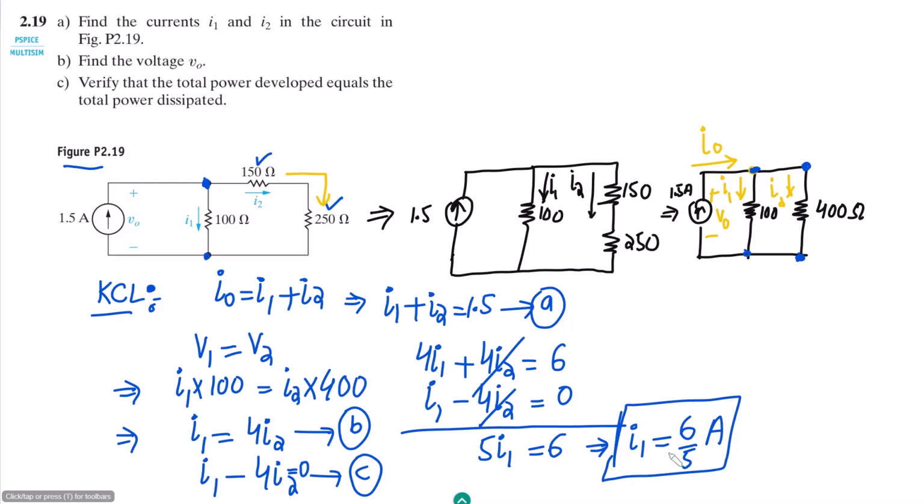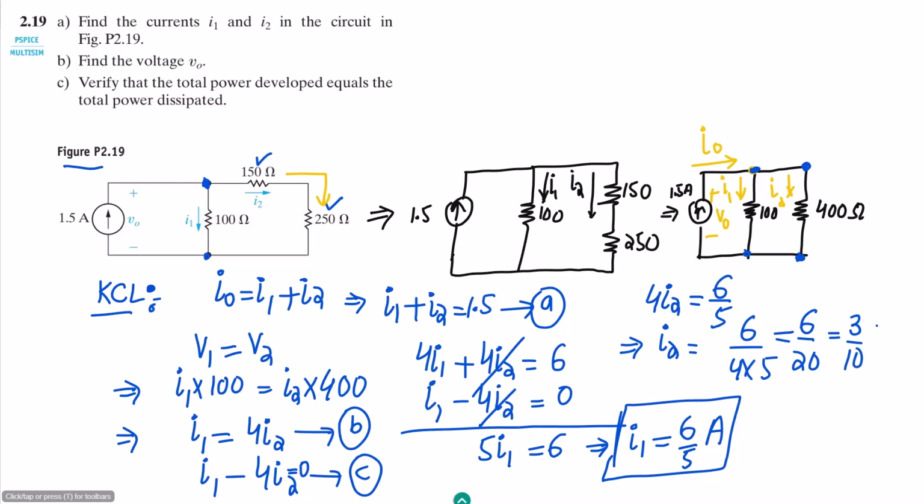Let me take this value and put it into equation B. So 4I2 is equal to I1, and putting the value of I1 as 6 by 5, the value of I2 will be 6 by 4 multiplied by 5, that is 6 by 20, which is 3 by 10. So this is 3 by 10 amperes, and this is for I2.